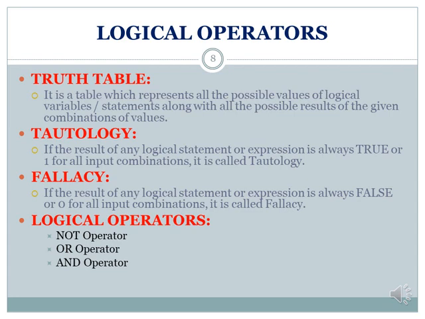And fallacy: if the result of a logical statement or expression is always false, or 0, for all input combinations, it is called a fallacy. NOT performs logical complementation, OR performs logical addition, and AND performs logical multiplication.